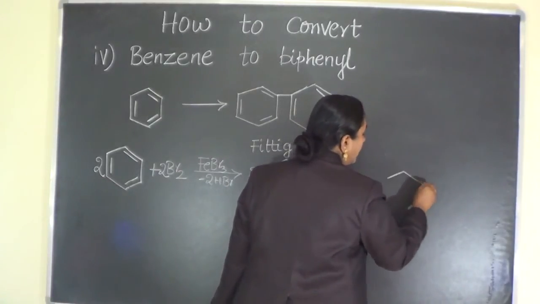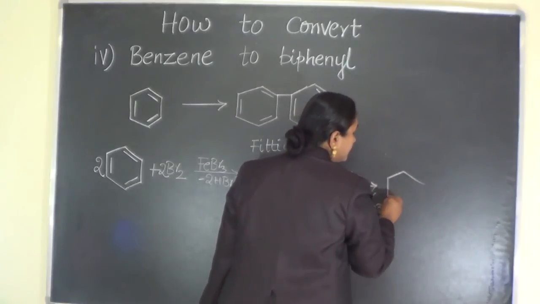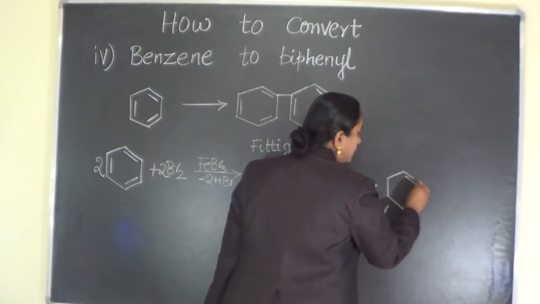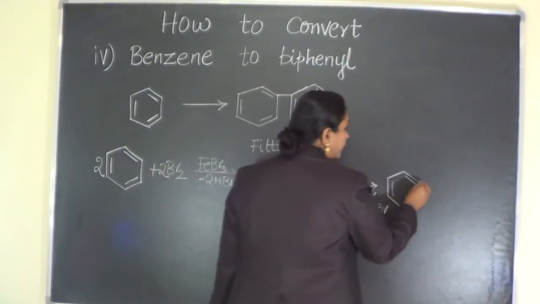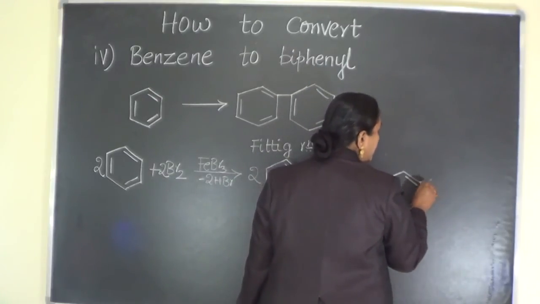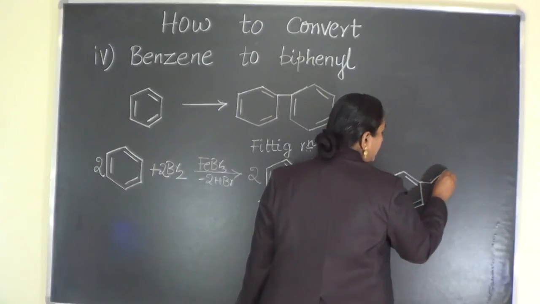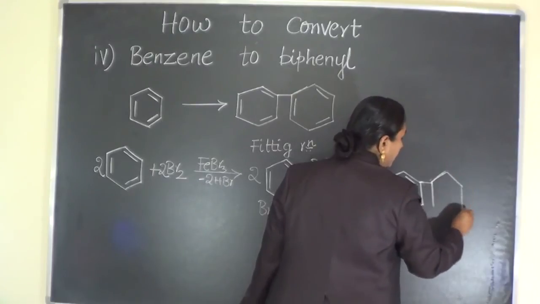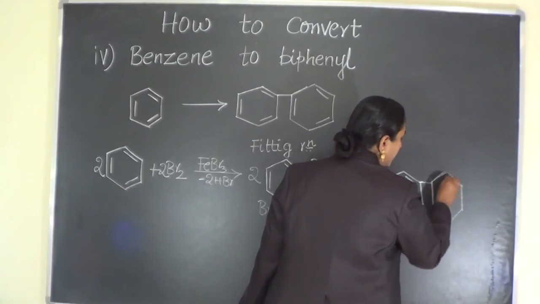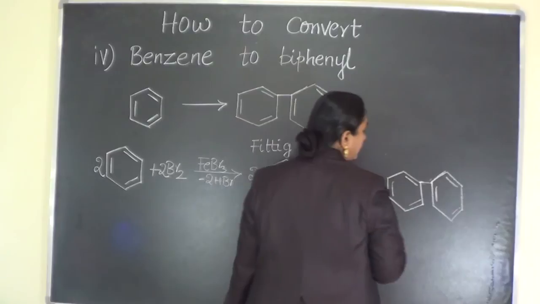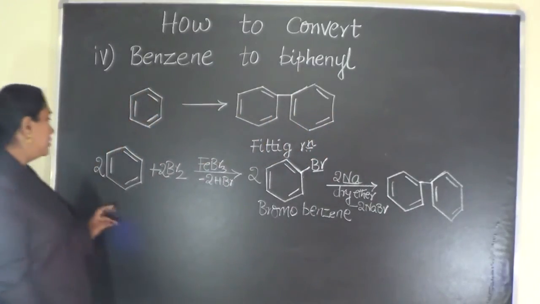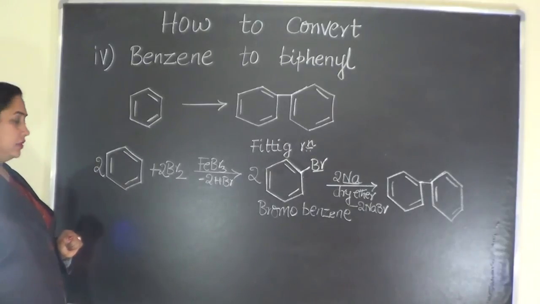So let us see how they will be forming the product of our requirement. So this is one benzene ring, takes attachment with another benzene ring. The product of our requirement is formed. So we landed up in the formation of biphenyl starting from benzene.